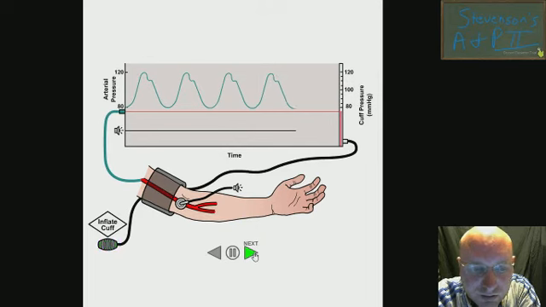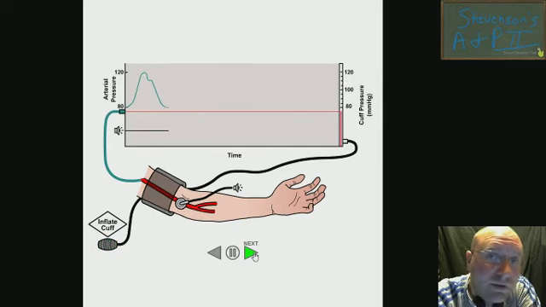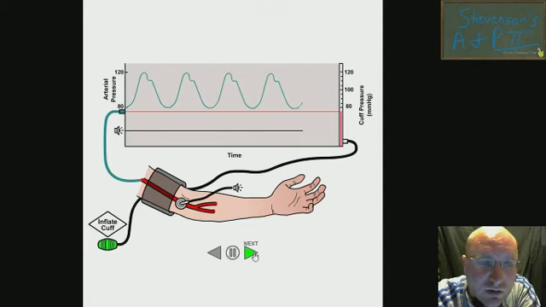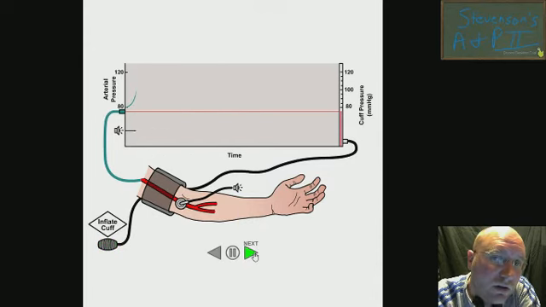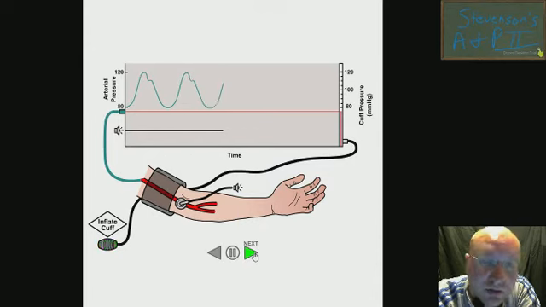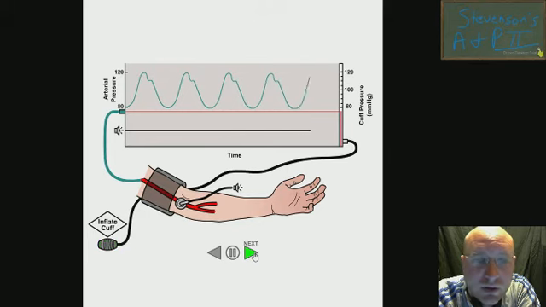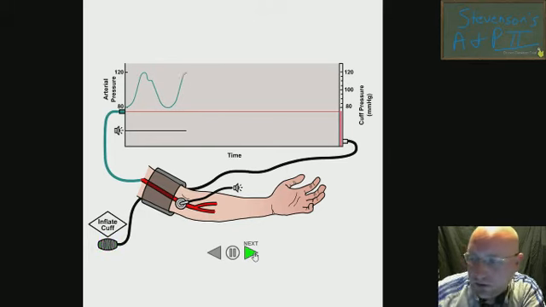If you were able to listen to this, which I'm sure most of you have heard before, you would hear a very distinct heartbeat at times in which you have systolic or diastolic pressure, and you would read the cuff accordingly.